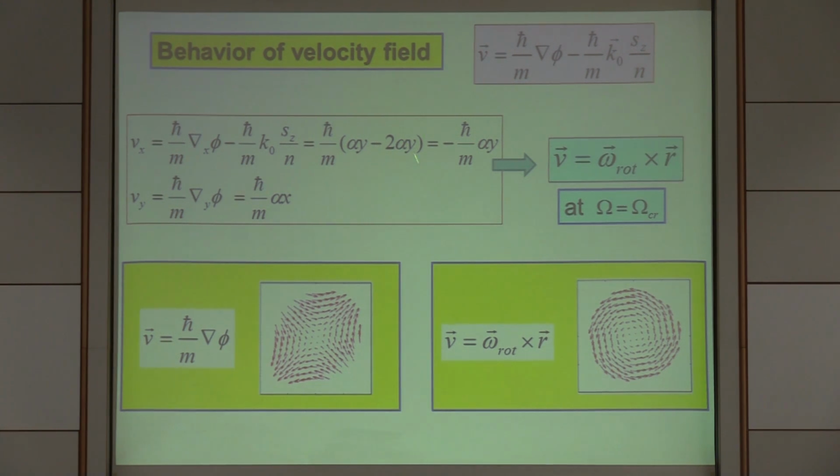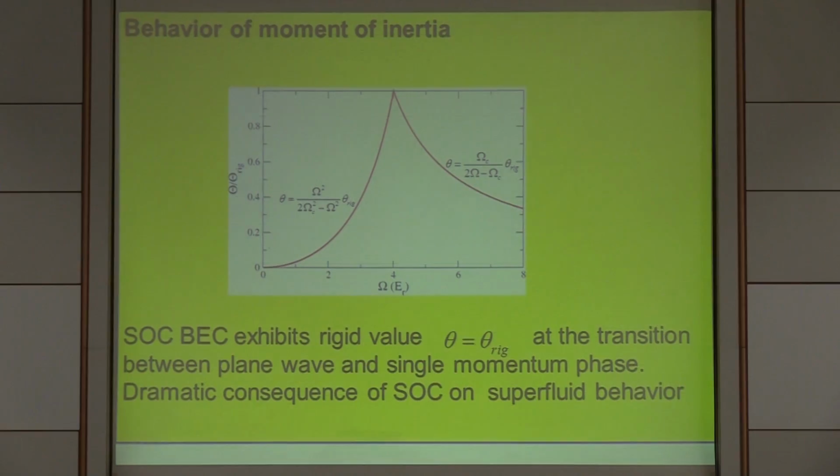If one includes the spin contribution, one finds this expression for the velocity field. And the moment of inertia that can be calculated once one knows the velocity field, again takes the rigid value at the transition, while it's smaller than the rigid value but still significantly different from zero when one is working either in the single momentum phase here for larger value of omega or in the plane wave phase.